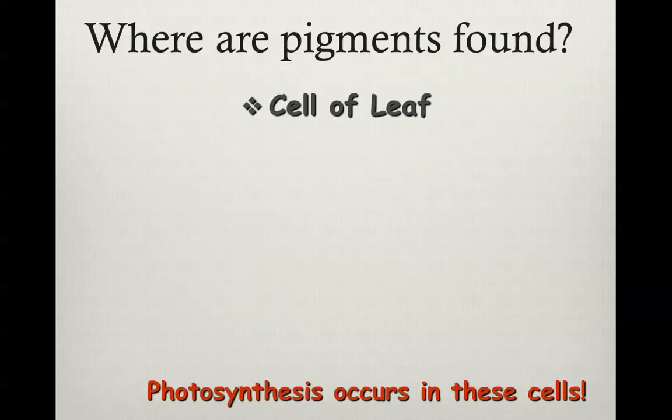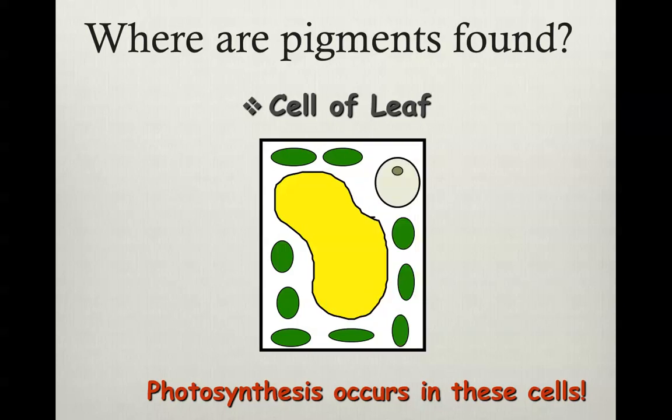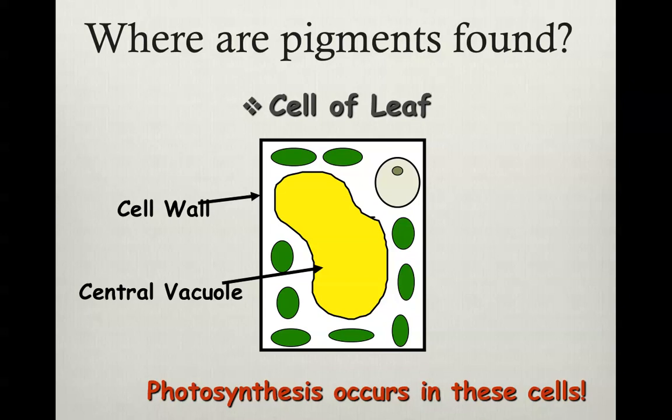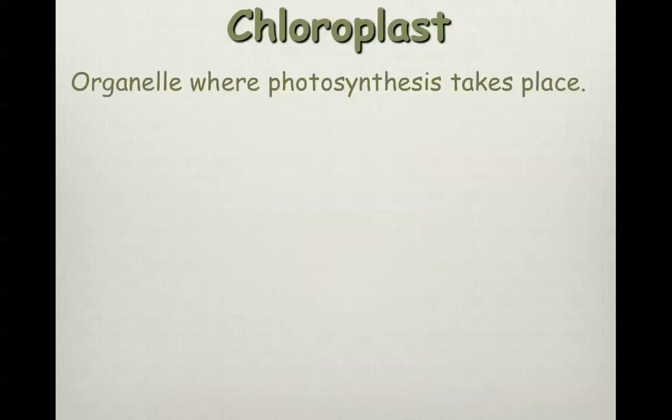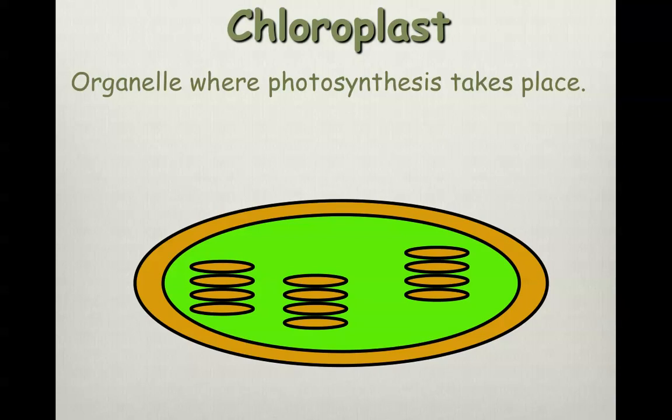So where these pigments are found is more specifically in the cell of a leaf, not in the central vacuole, not in the cell wall, not in the nucleus, but the place where photosynthesis occurs, the chloroplast of the cell. And the chloroplast, the organelle where photosynthesis takes place, has a unique structure.